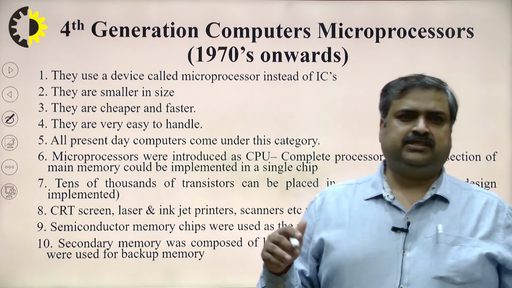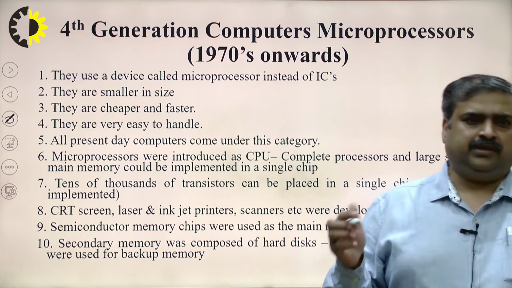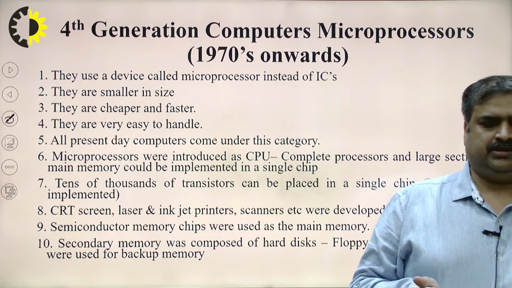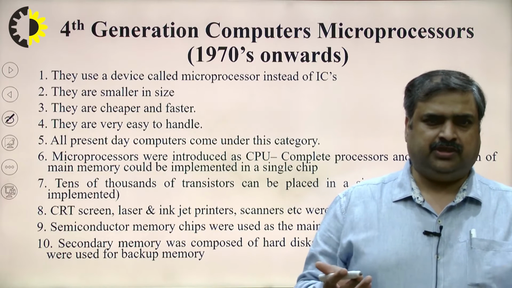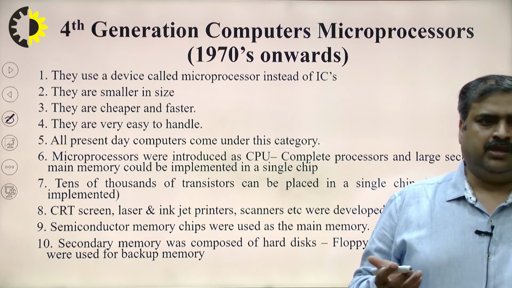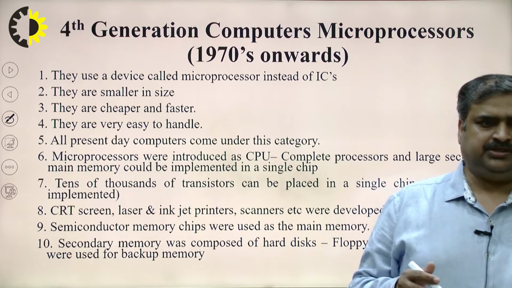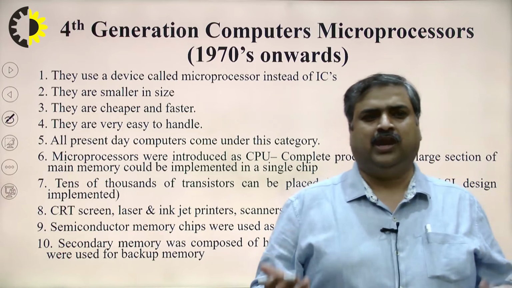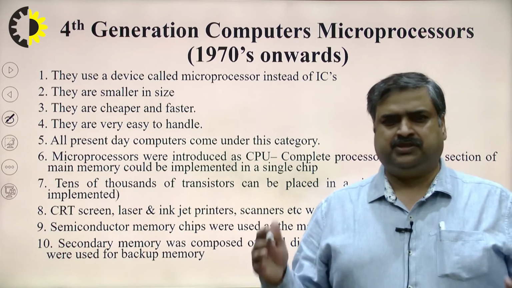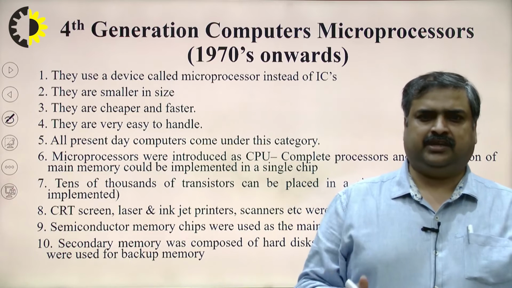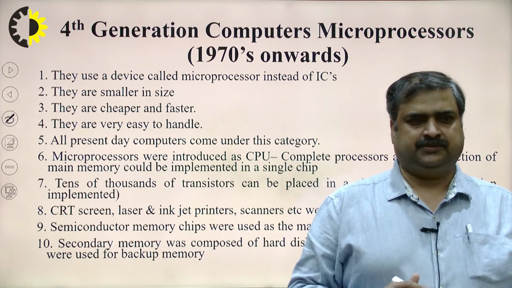From 1970 onwards, microprocessors started being used instead of ICs. They are smaller, cheaper, faster, and easy to handle, and all the present systems we are using are in this category. All are using microprocessors.